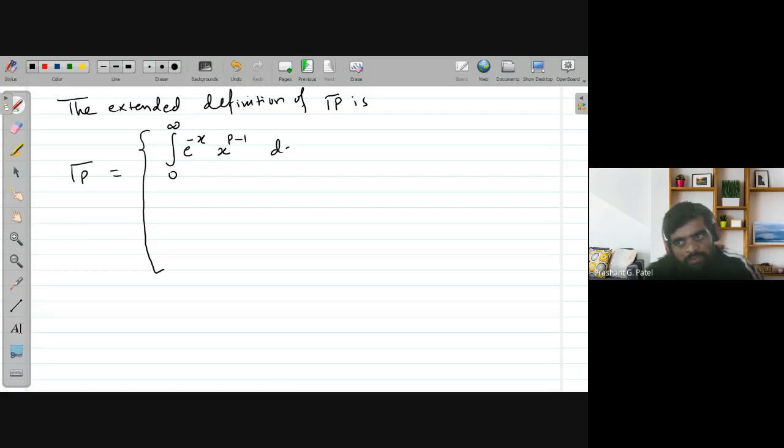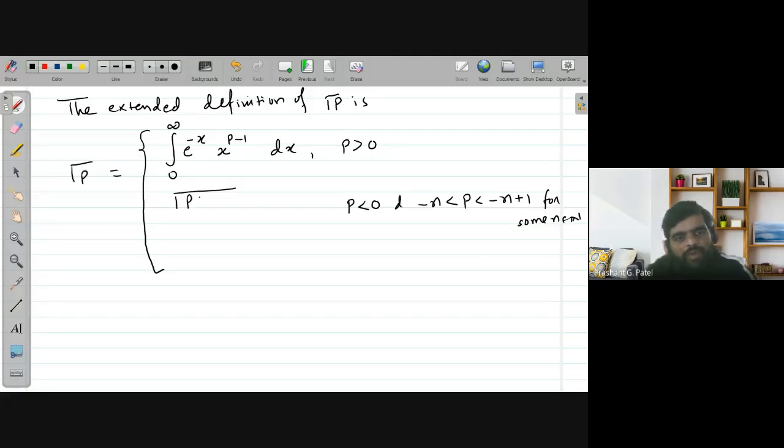If the value of p is negative and it is in between two consecutive numbers, minus n to minus n plus 1, for some n belongs to N, then the value as we have defined it is gamma p plus n upon p into p plus 1, p plus 2, up to p plus n minus 1. So if p is a negative value, we have defined it like this.